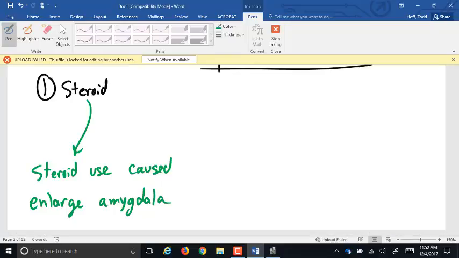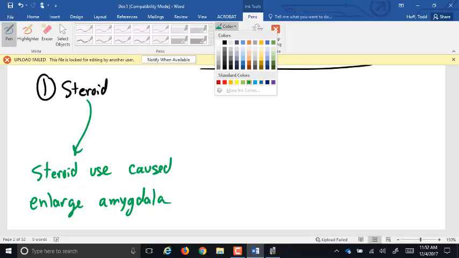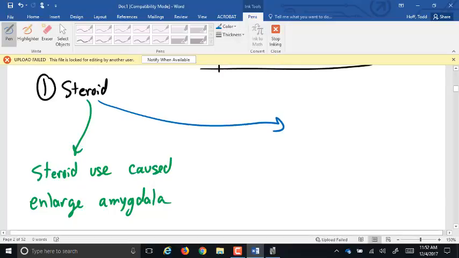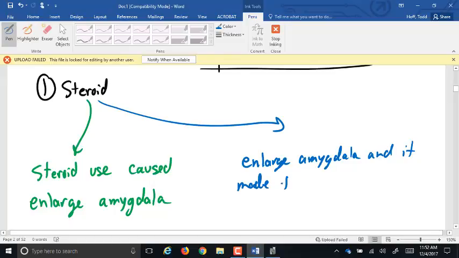Amygdala is just part of the brain. The second possibility is those people already had an enlarged amygdala, and that made them more prone to steroid use.